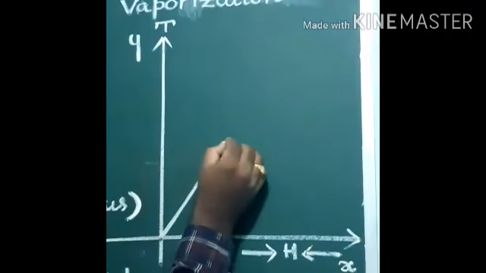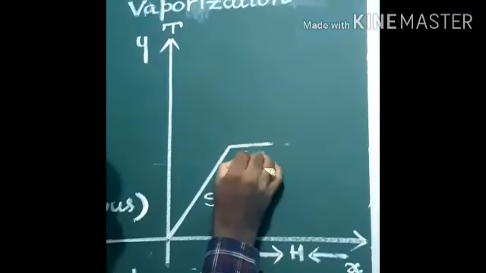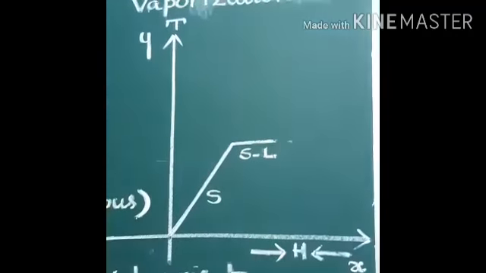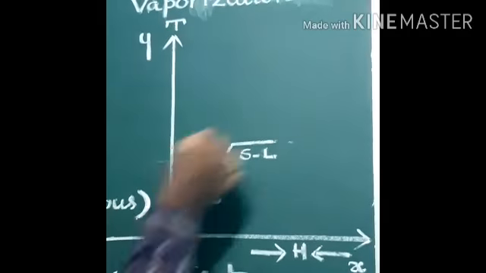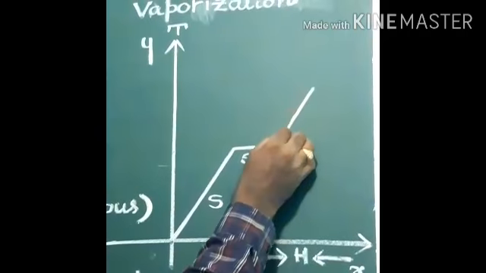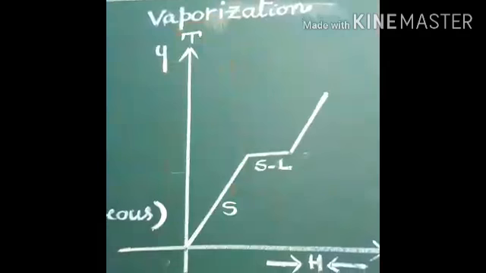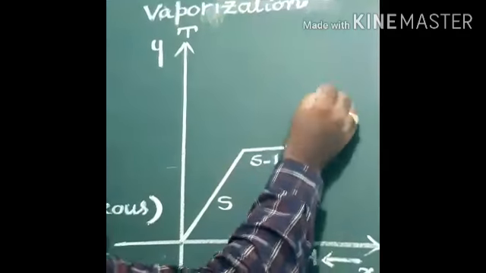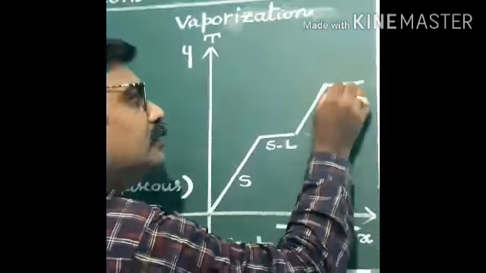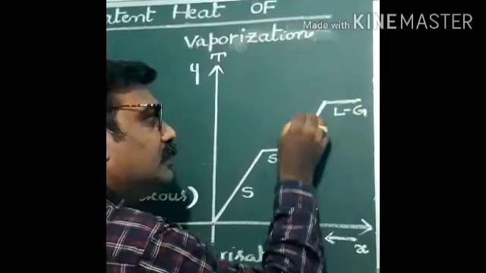At that point, what happens? Solid is converted into liquid. Once converted to liquid, again temperature increases, and it reaches one particular point. Then what happens? Liquid is converted into gases.